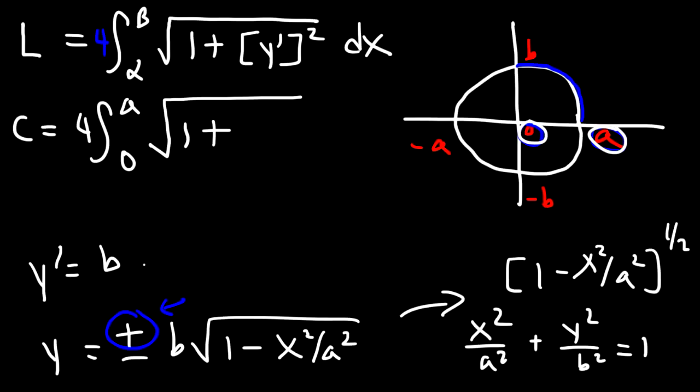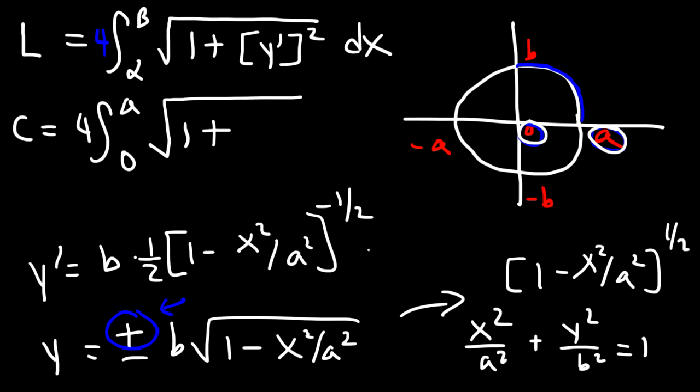So we need to use the power rule. It's going to be times 1/2, and then we're going to keep everything on the inside the same. Subtract 1/2 by 1, so this is going to be negative 1/2, times the derivative of the inside. The derivative of this expression is going to be 2x over a squared, but it's going to be negative 2x over a squared.